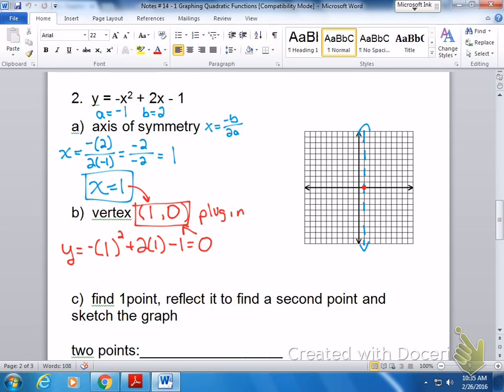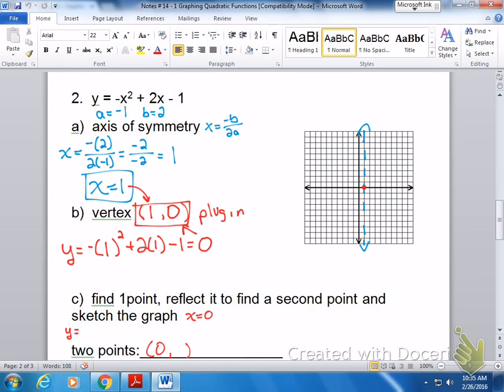So now I need to find one point by picking an x value, plug that in to get the y value. Now I told you last time x equals 0 will work very well, but you didn't necessarily have to use that point. I'm going to use it again just because. So I'm going to choose x equals 0, so there's my first point. Now I just have to plug it into my equation.